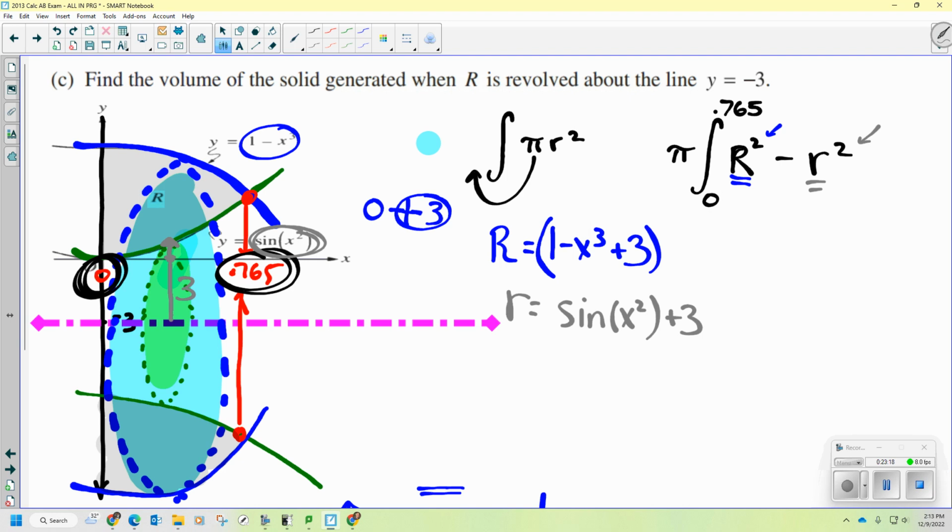Now, good thing we have a calculator, because I'm going to integrate from 0 to 0.765. My pi is on the outside.